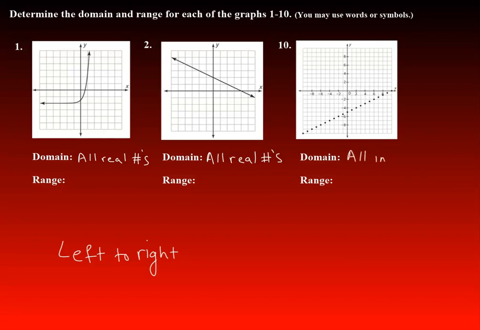All integer numbers. Okay, keep it the same format. Real means all numbers. Integer means just the numbers that don't have decimals or fractions. Okay, so it's a set of integers.